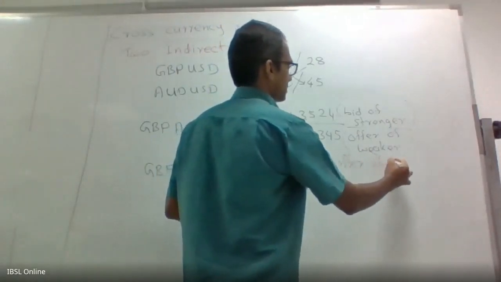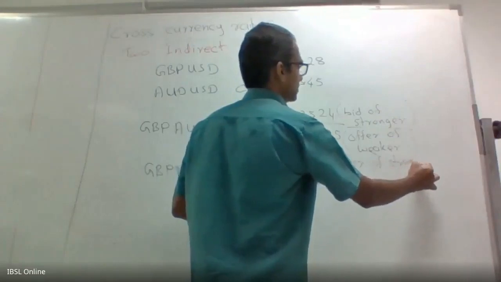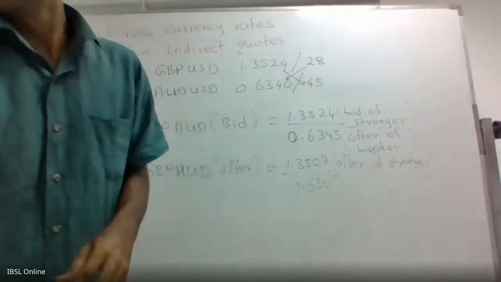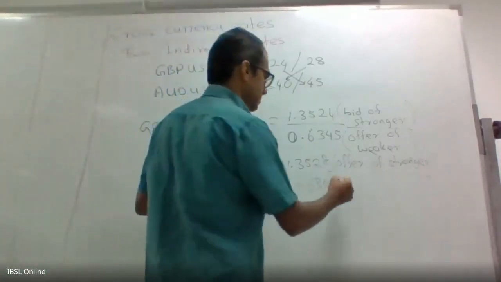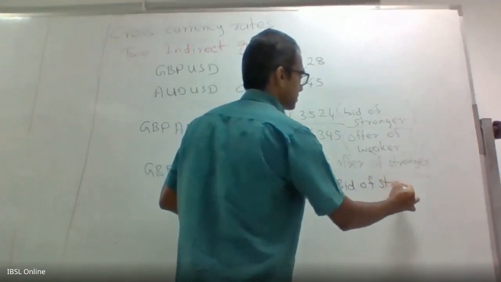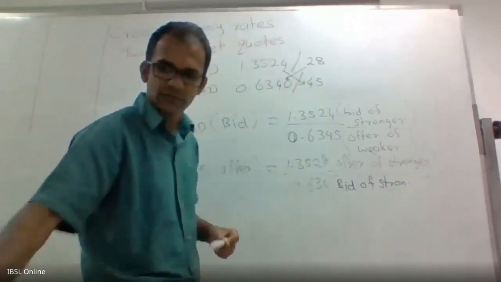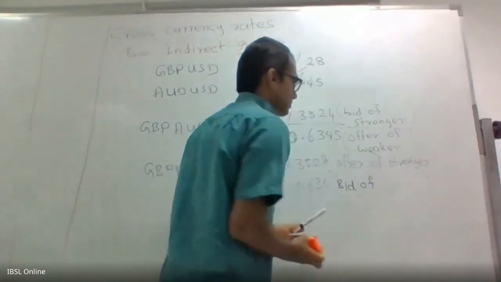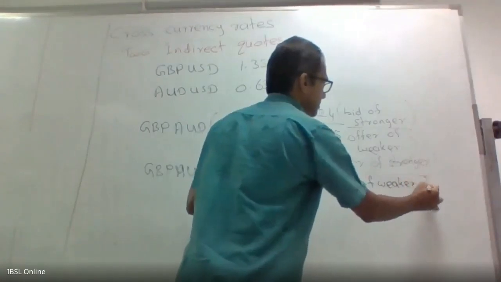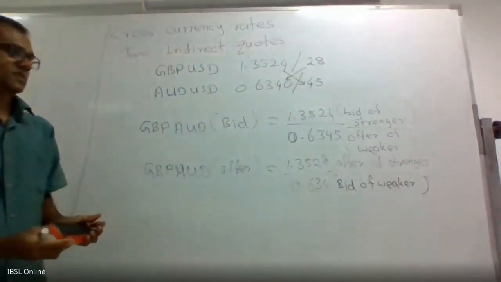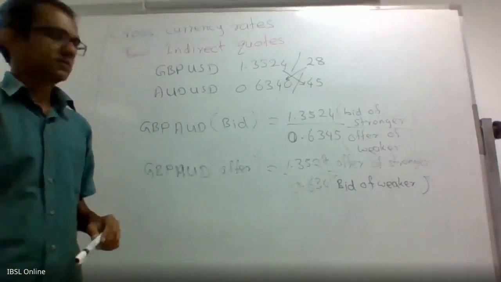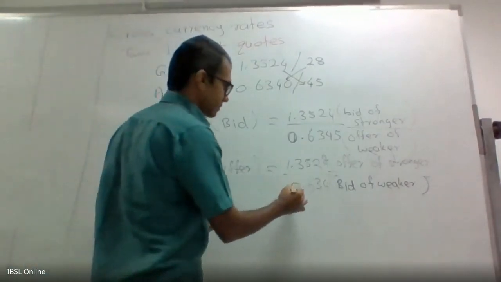Offer of stronger currency divided by bid of weaker currency. Offer of the stronger currency divided by the bid of the weaker currency.